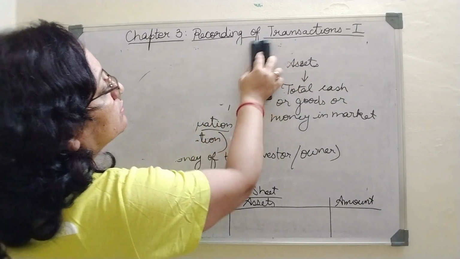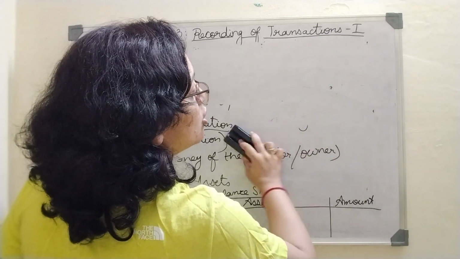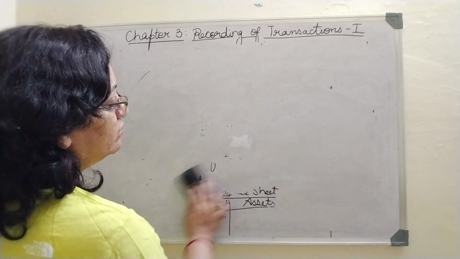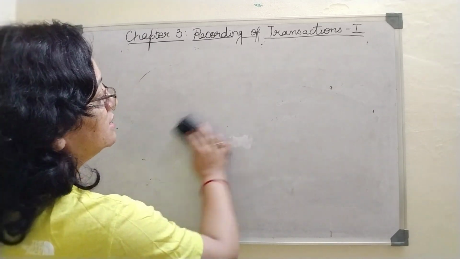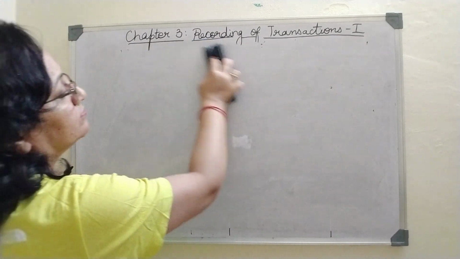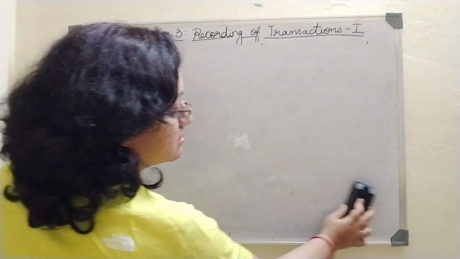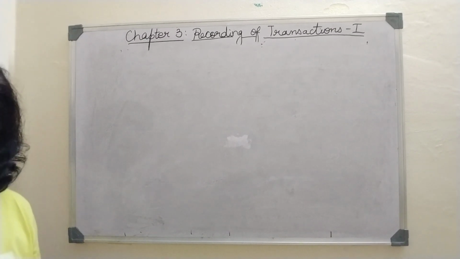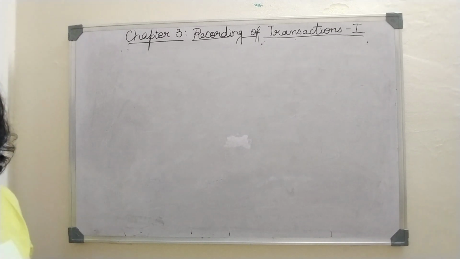In your book the detailed calculation is not shown, but I am going to tell you for each point what transaction is affecting which part of the balance sheet. Let us see this. So please come to example 1 on page number 51.